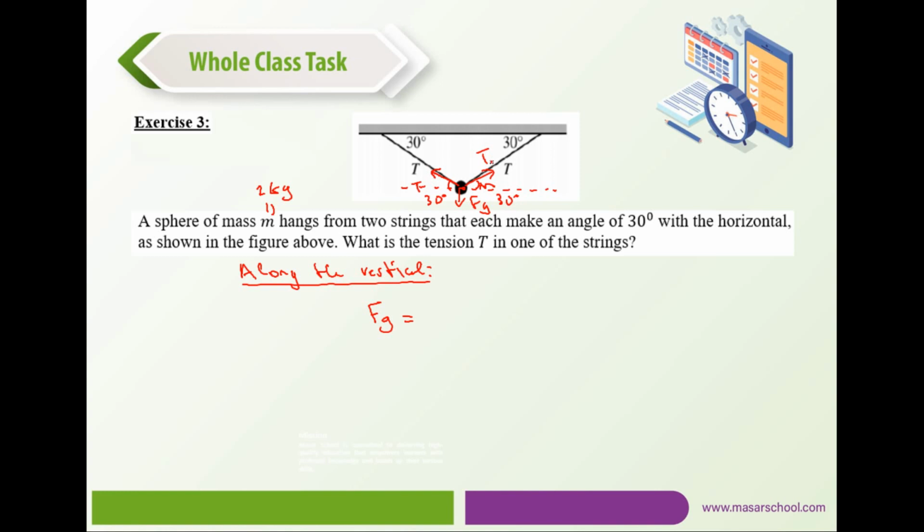So the vertical component of the first tension force would be given by T sine 30, and the vertical component of the second tension force, which is also up, would be given by T sine 30. Now the pull of gravity is given by 2 multiplied by 10, and here we have T sine 30 is half plus T multiplied by half. Now half of T plus half of T would give us T, so 20 would be equal to T, which means that T is equal to 20 newtons.